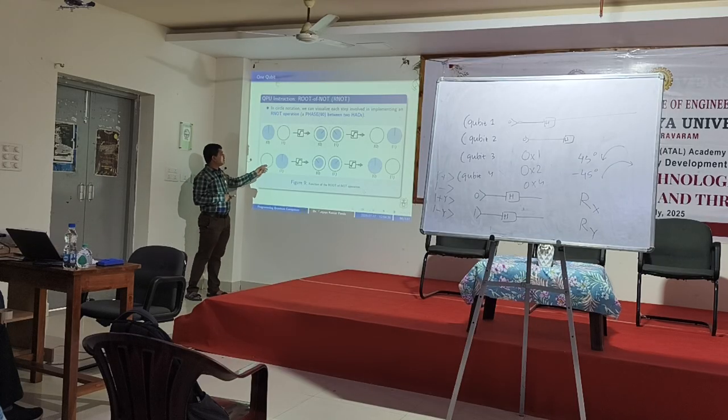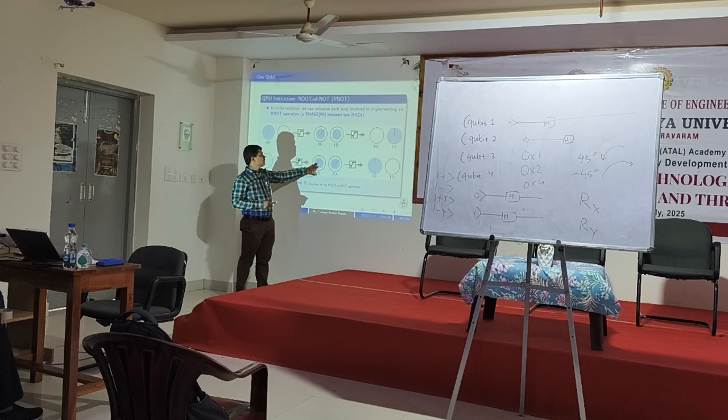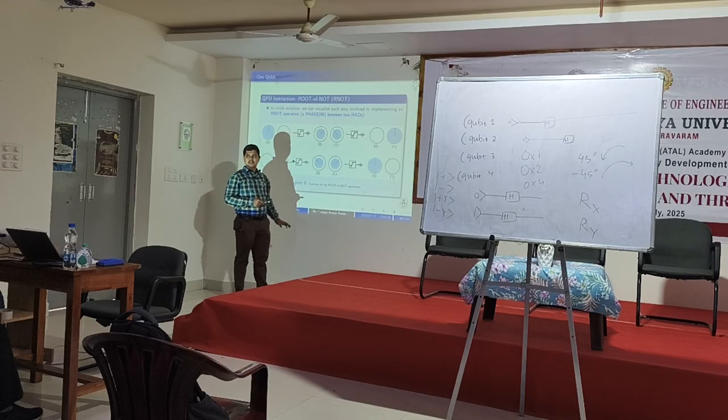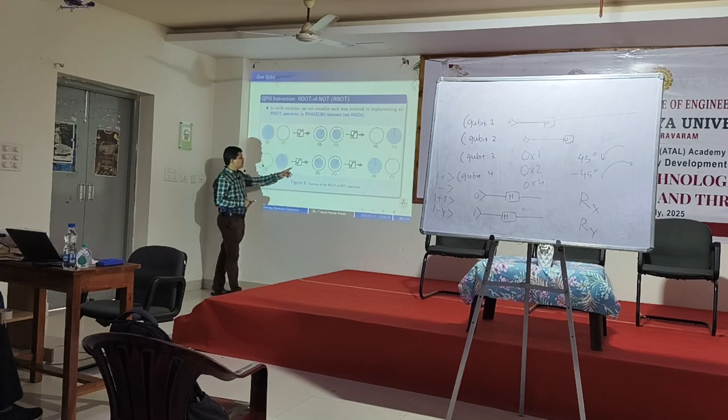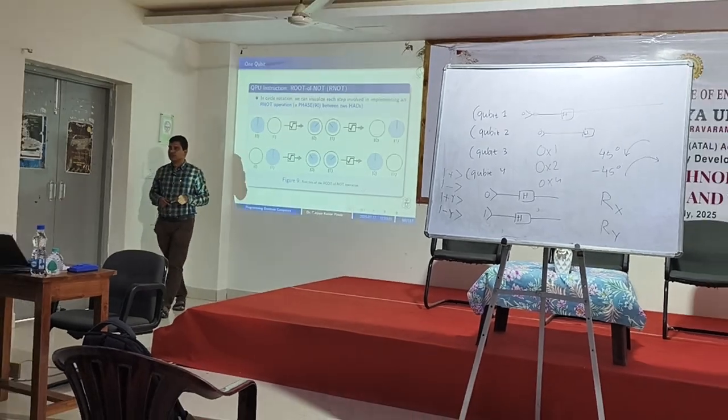Similarly, here I have taken 1. I write 1, right, instead of 0. I apply Hadamard gate. I apply the root NOT gate. Here also you are getting phase angle is 90 degree only. And when you apply root NOT 2 times, you will get your NOT gate.